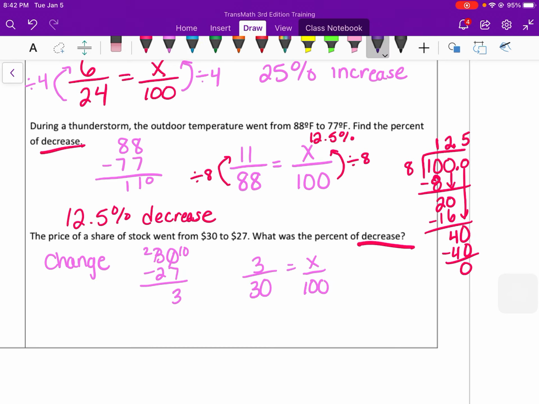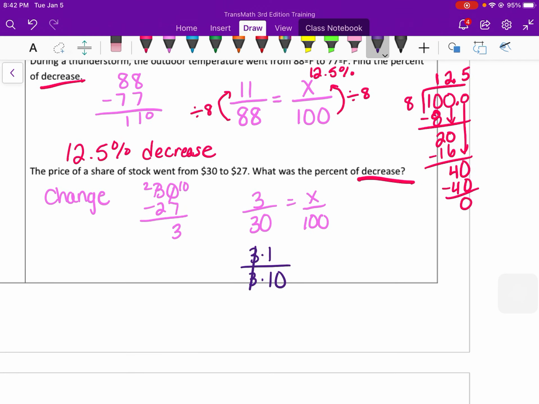Since 3 and 30 are both divisible by 3, like 3 times 1 is 3 and 3 times 10 is 30, you could reduce it to 1/10. So 1/10 equals x over 100, and then you can finish solving. 10 times 10 is 100, so 1 times 10 would be 10, and that would be our percent. So our answer here would be a 10% decrease.